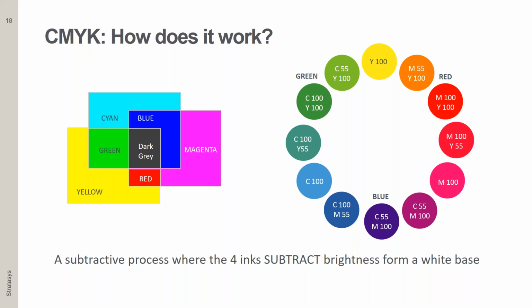So this is a kind of subtractive process where the inks subtract brightness from the background light or the white base. I can see that C stands for cyan, M for magenta, Y for yellow, but what does the K stand for? The K stands for black. As you can see here on this picture in the middle, when everything is over each other, we can still not make complete black. The only thing you get is a dark gray. This is why you get in this color system an extra ingredient, and that's the K for black.